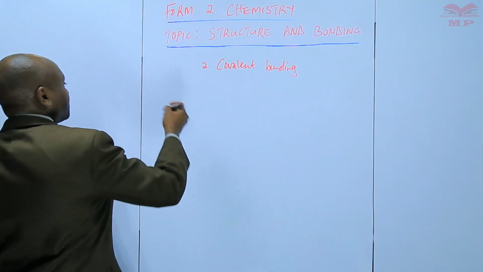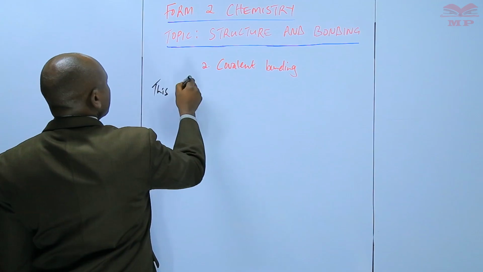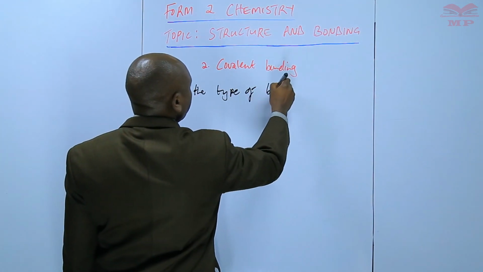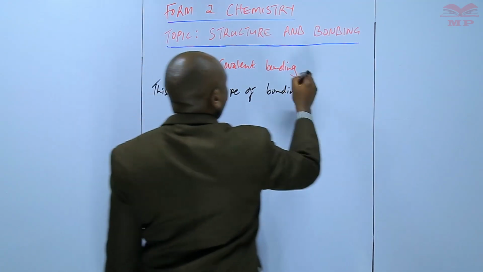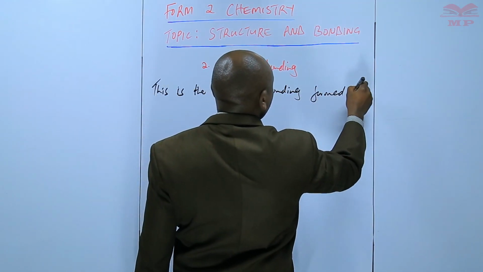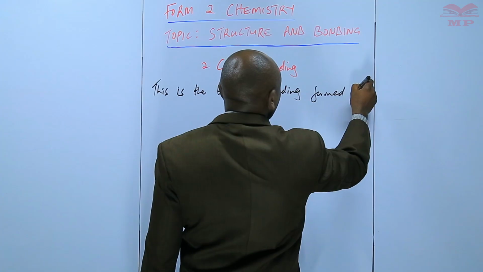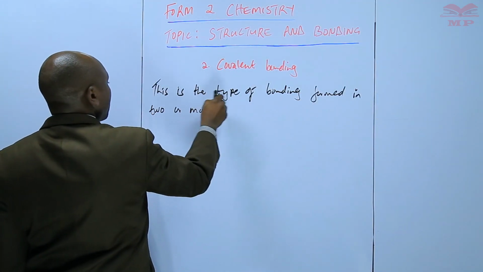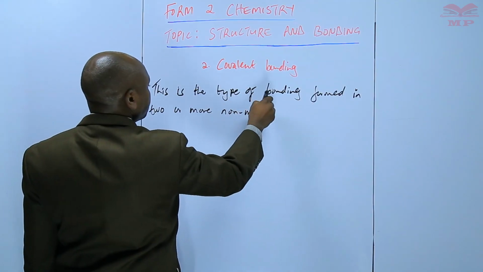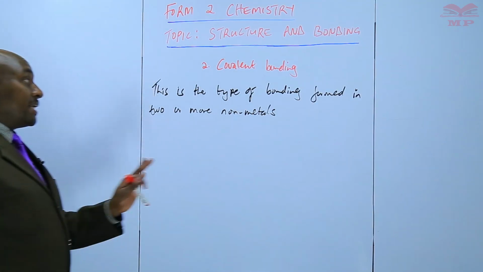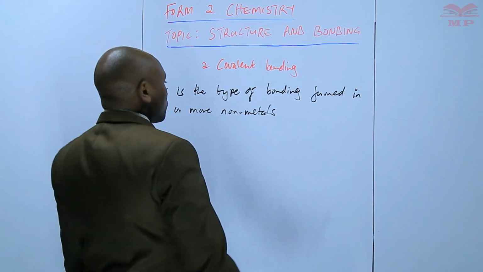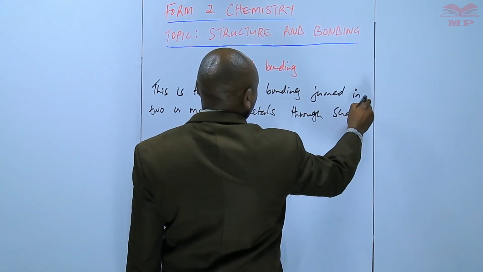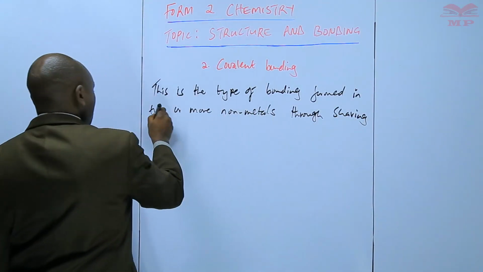So this is the type of bonding formed in two or more nonmetals. So this one is commonly nonmetals only, nonmetals through sharing of electrons.